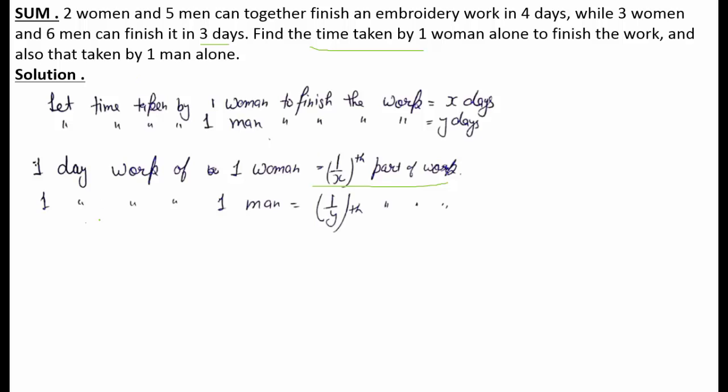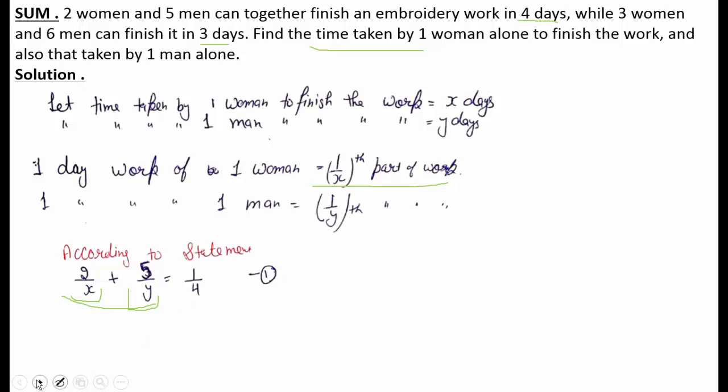So there will be 2 women, so 2 by x part. So the 1 day work of 2 women will be 2 by x, and for 5 men, this will be 5 by y. This is the 1 day work of 2 women and 5 men. But they can finish the work in 4 days, so their 1 day work will be 1/4 part. So this equals 1 by 4. This is our equation number 1.